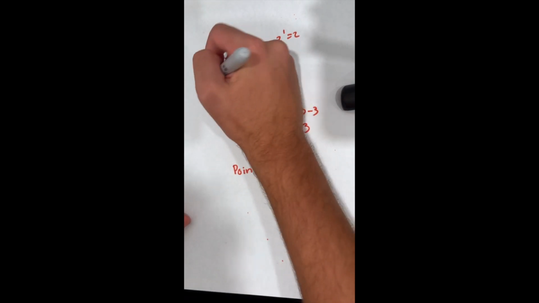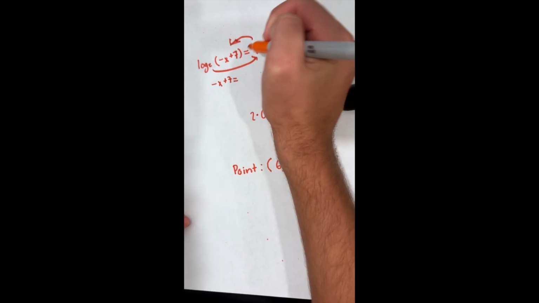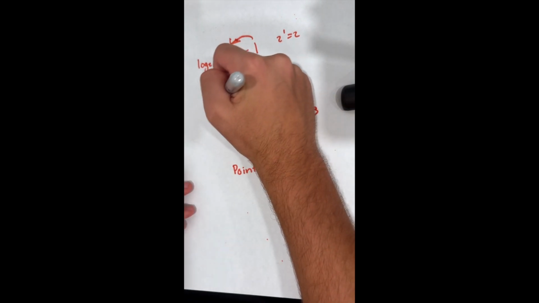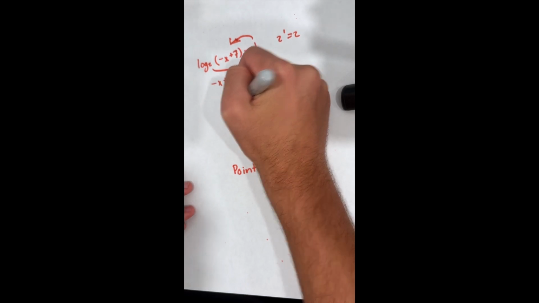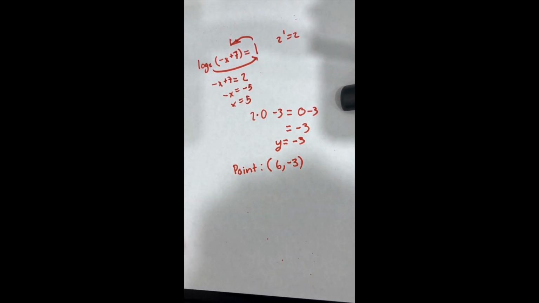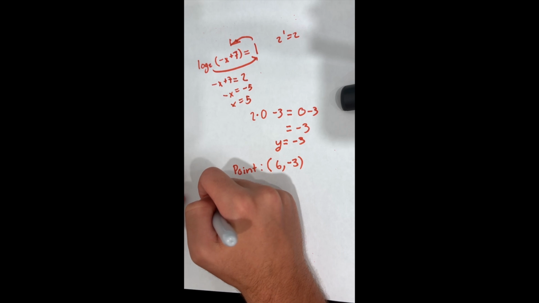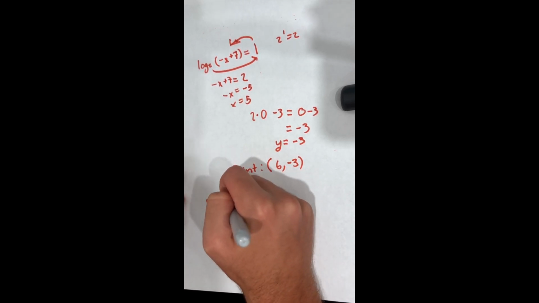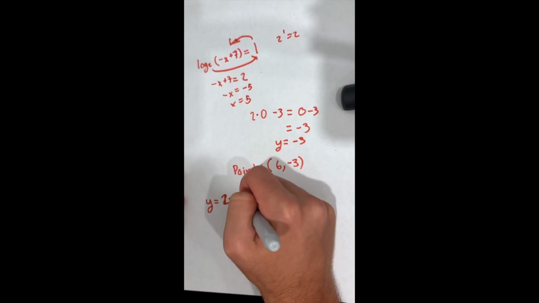So now we could write that negative x plus 7 would equal 2, and then we can solve from there. Subtracting 7 from 2, we would get negative x is equal to negative 5. Dividing by negative 1, we would get x is equal to 5. Once again, we have an x. We plug that back into the original equation. We get y is equal to 2 times log base 2.